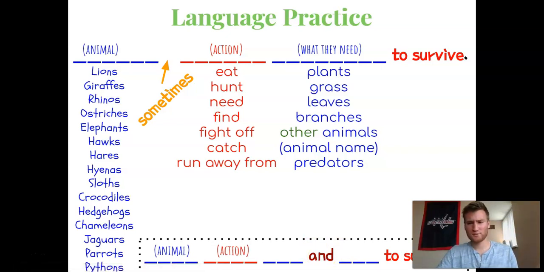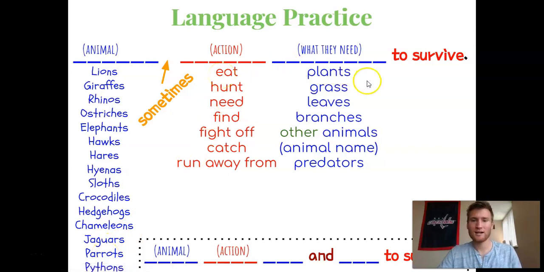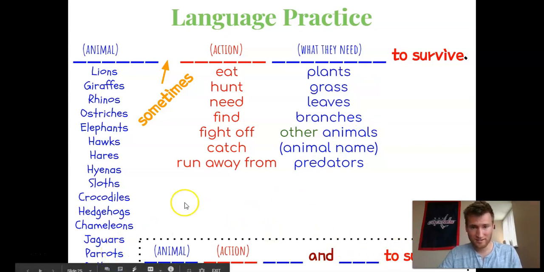You don't have to repeat the last one. Let's repeat this next one with me, though. Parrots eat nuts and leaves to survive. Parrots eat nuts and leaves to survive.